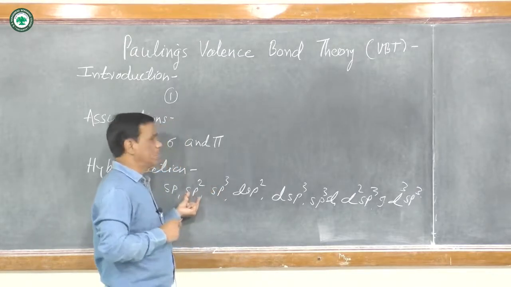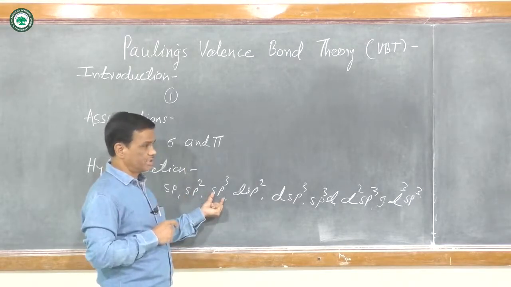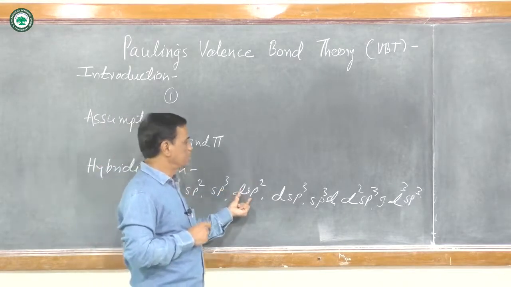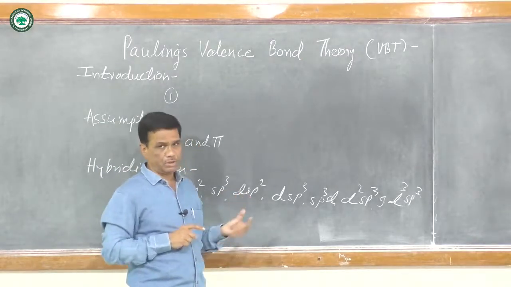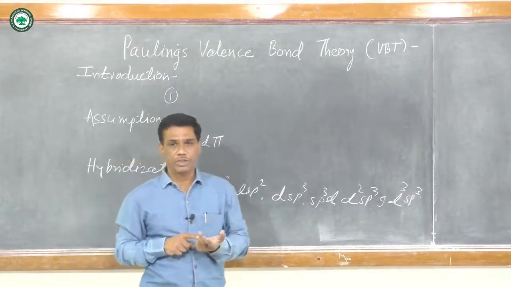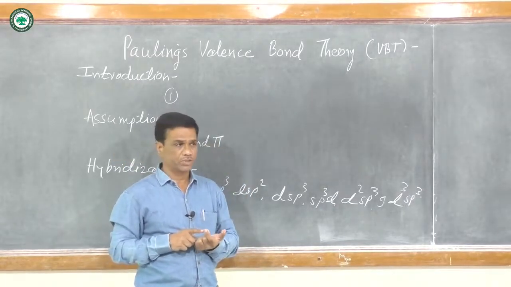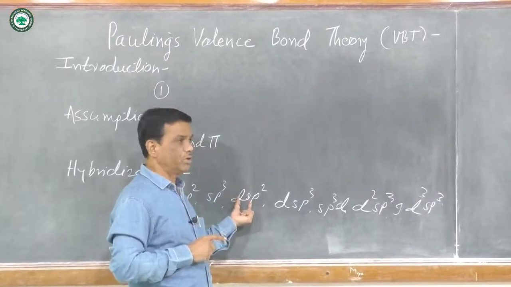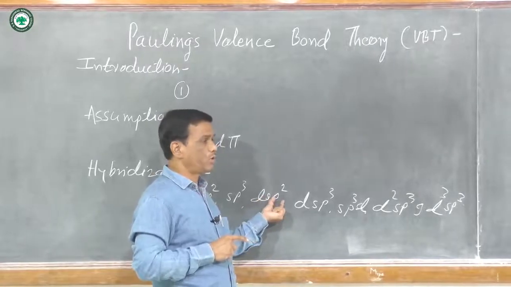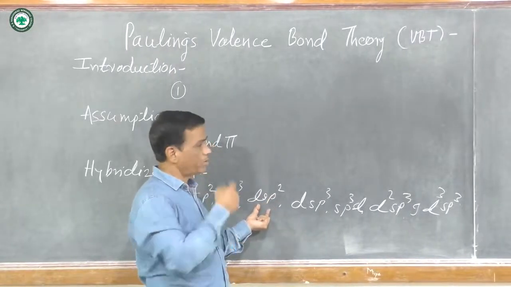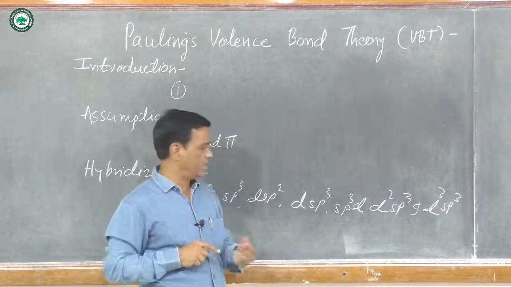Here sp2 hybridization is triangular or trigonal, and sp3 is tetrahedral. Then in dsp2 hybridization, you know there are five d orbitals, dxy, dxz, dyz, dx square minus y square and dz square. Out of that, one d orbital, one s orbital and two p orbitals combine, and there is a formation of dsp2 hybridization. It is known as square planar hybridization.